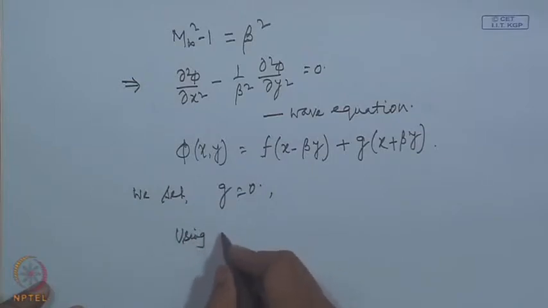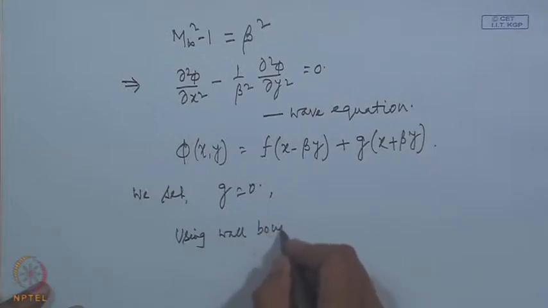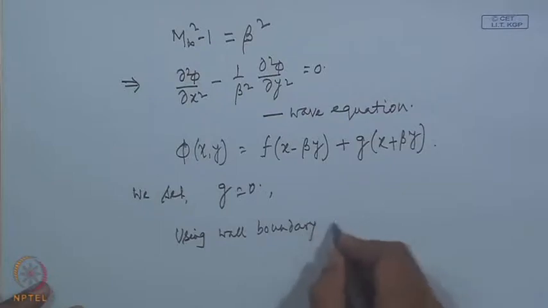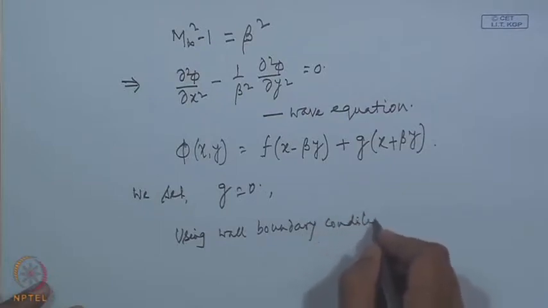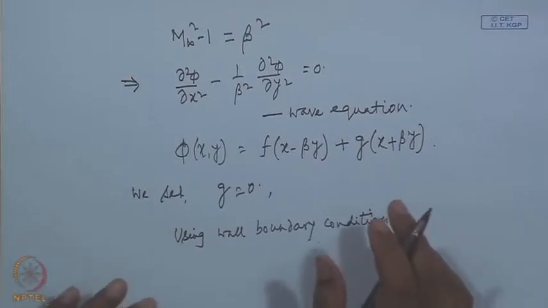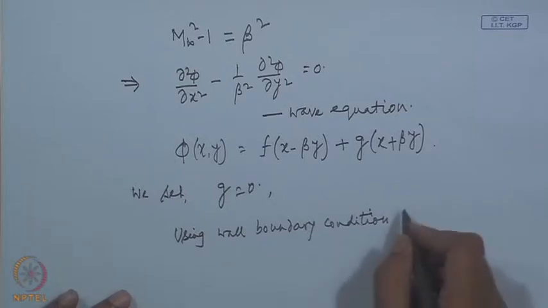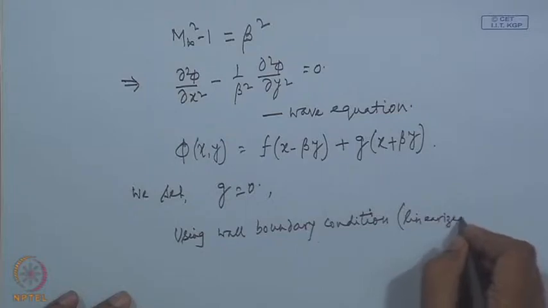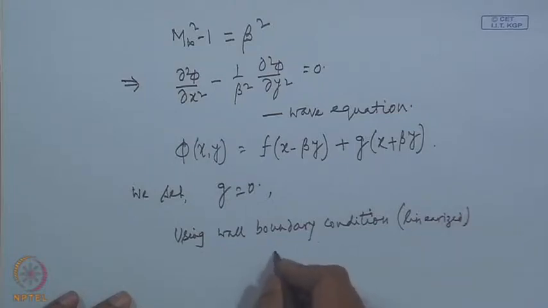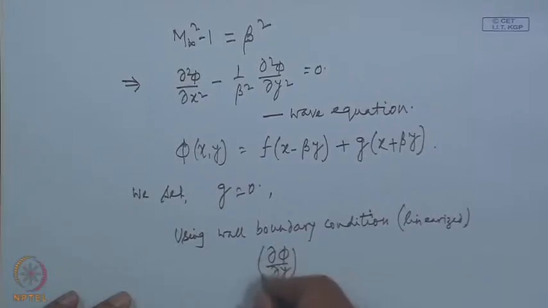Using the wall boundary condition, which says that the slope of the streamline is the same as the slope of the body, which is of course linearized as before, which gives d phi dy at y equal to 0.